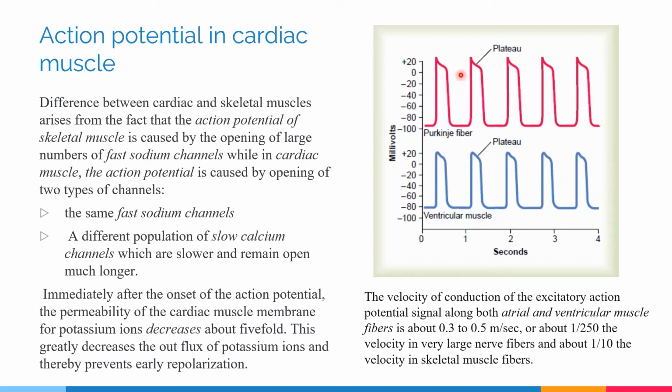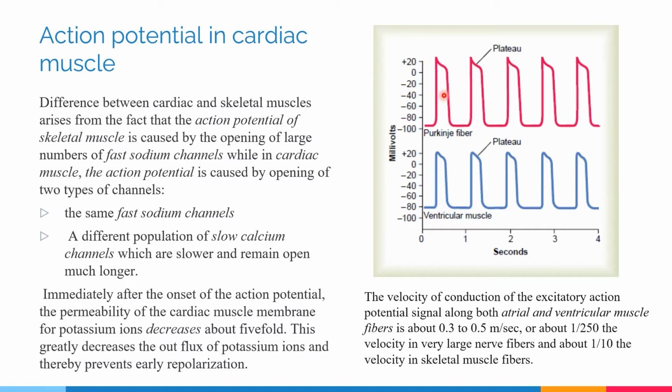This, coupled with the fact that the calcium channels, which allow the entry of calcium ions into the cell and maintain depolarization, are open for a much longer time, gives rise to the plateau-like appearance of the action potential in cardiac muscles.